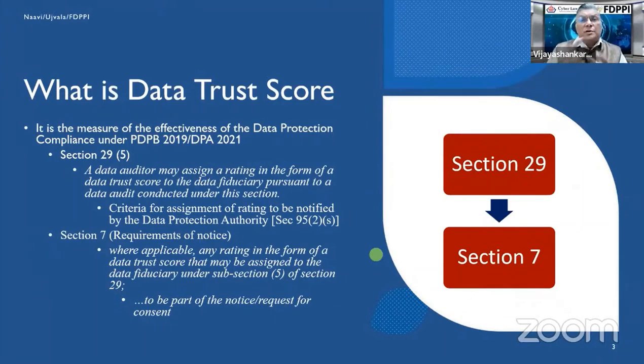They have to choose the statutory data auditor 1 year in advance if they want to get into concurrent audit, and then ask that auditor to keep on looking at how the compliance is evolving in the organization, so that at the end of the year, it can be converted into this annual audit, a copy of which will have to be submitted to the Data Protection Authority, like you submit your annual financial statements to SEBI as well as to the stock exchanges.